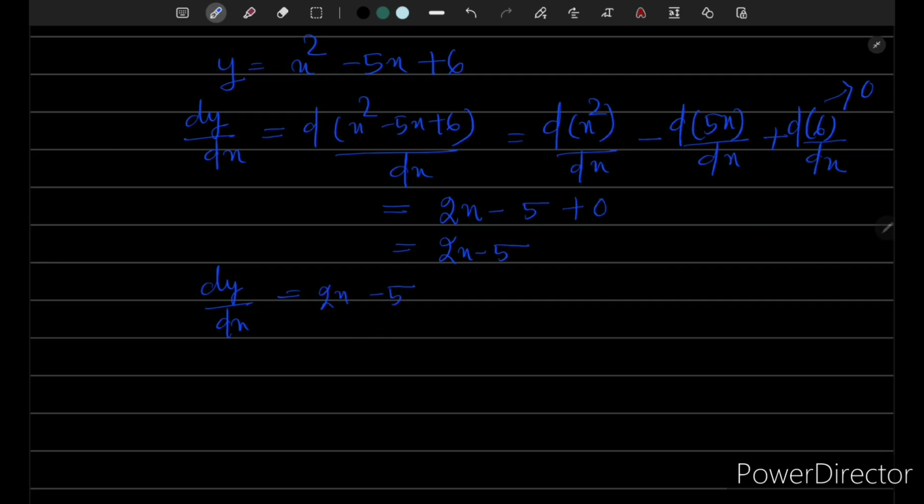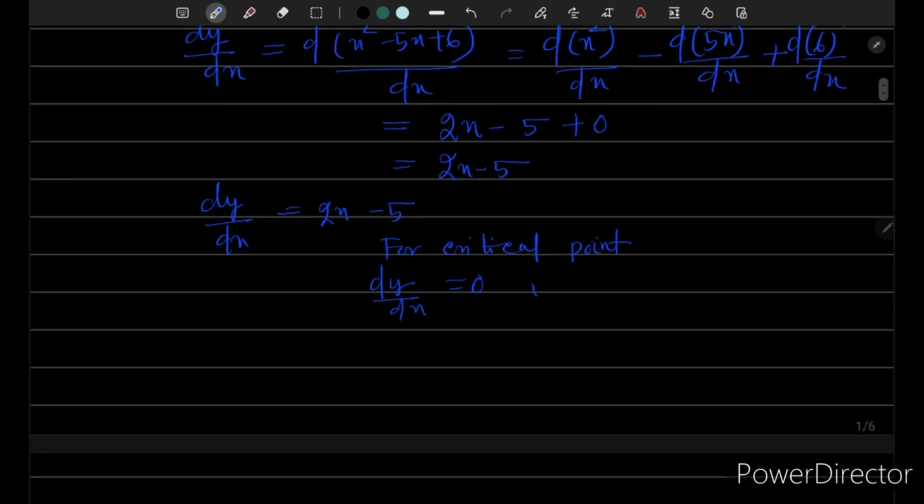And for a critical point, the first order derivative must be equal to 0. This is the condition for a critical point or critical value.